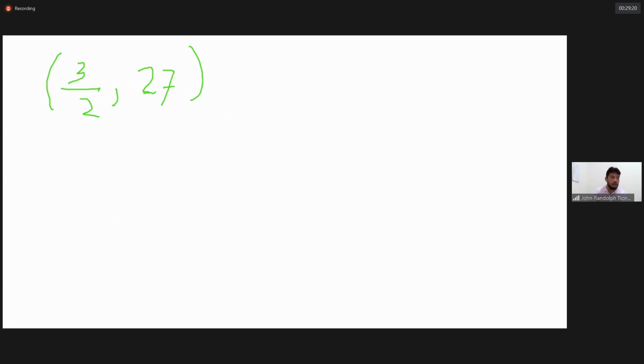Okay, so how you solve that one? You have there 27 equals b to the power of 3 halves. So therefore, that is equal to 27. Okay. Tapos, saan yung lagay yung 2? Baliktarin natin yan, di ba? 2. Where's my calculator?